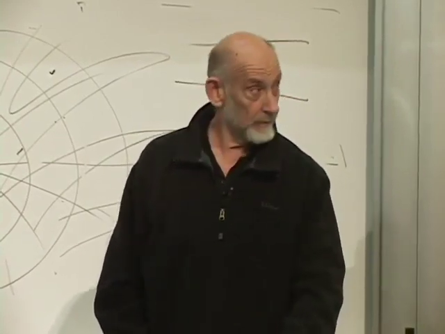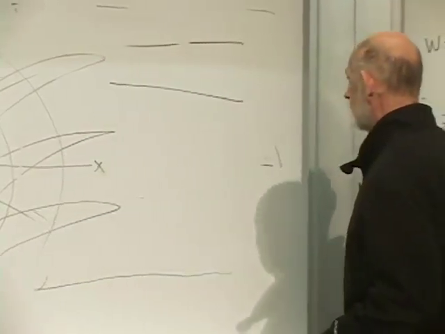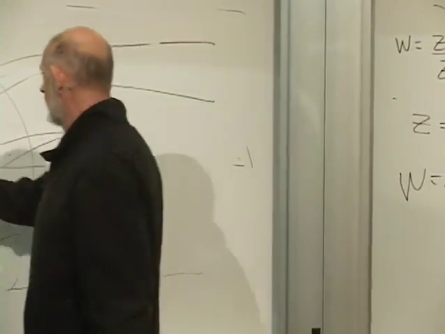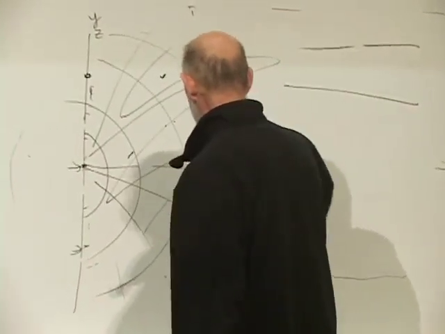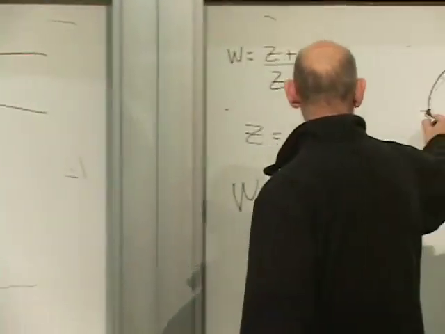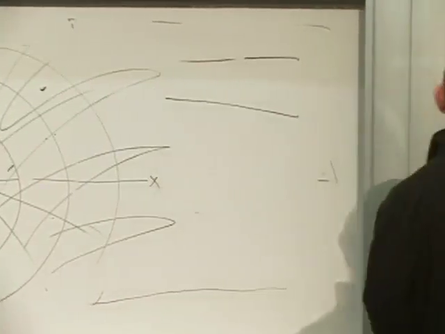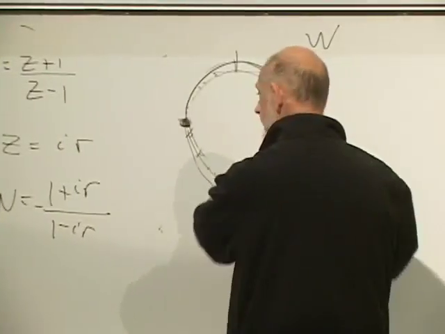Which were the radials? The radials on the left, the spokes going out, which set of curves did they go to on the right? The spokes going out here, they begin at this point. This point is that point. Infinity, let's see, z equals infinity, that's w equals 1. That's over here.